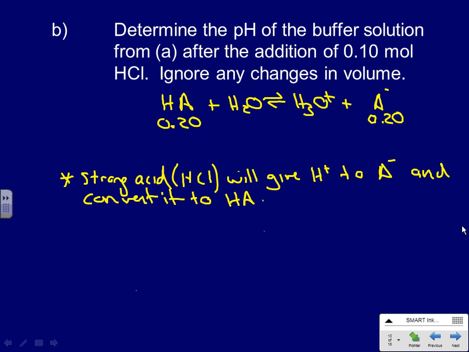But in the process, it converts itself over to the HA, which means if I'm adding 0.1 mole, and we're going to assume that we're not worried about the fact that this is moles per liter, 0.20 minus 0.10, in other words, 0.1 mole of the base is being converted, 0.10, 0.20 plus 0.10, 0.30.